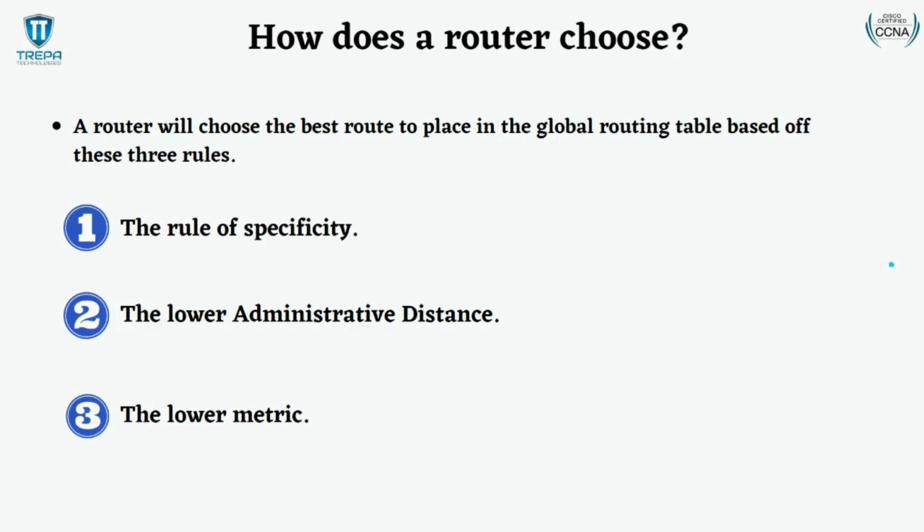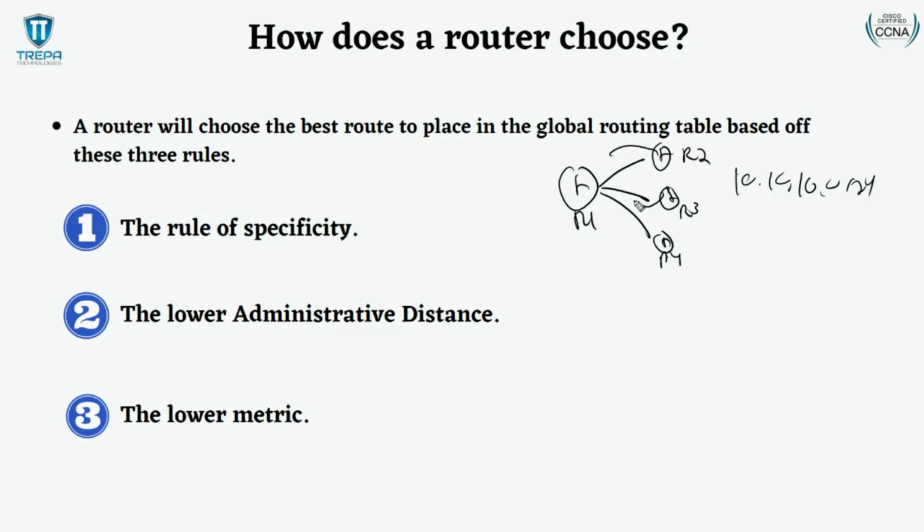So let's get the lay of the land, right? What we're talking about is a router. Let's say R1. It has three different neighbors, R4, R3, and R2. And each one of these knows about 10.10.10.0/24.